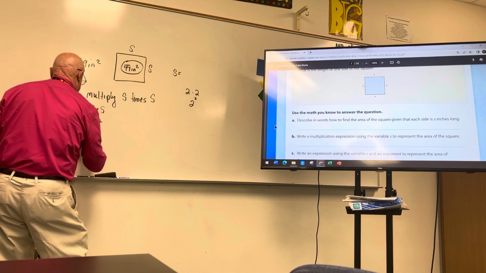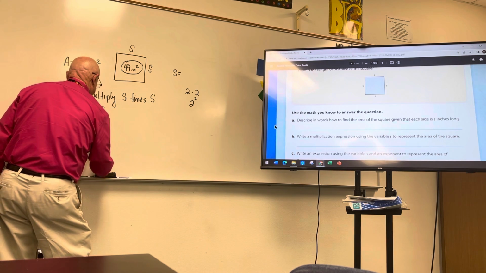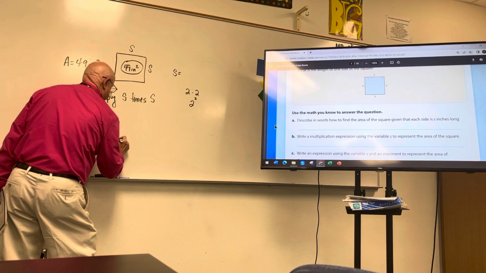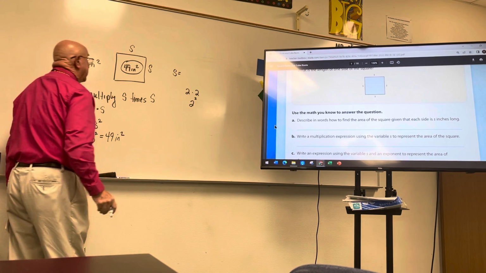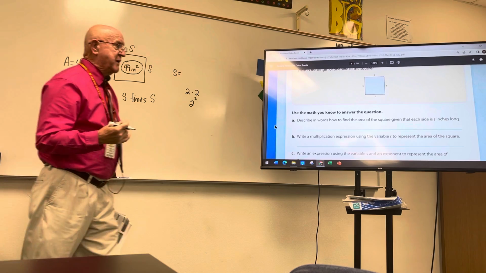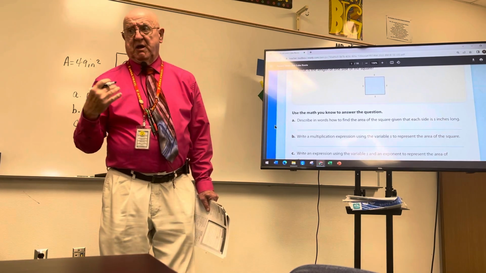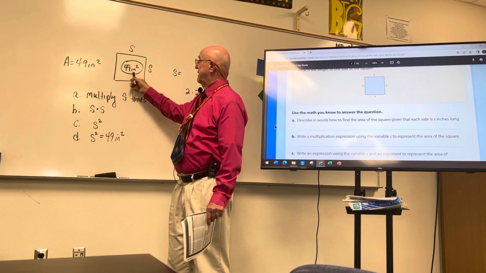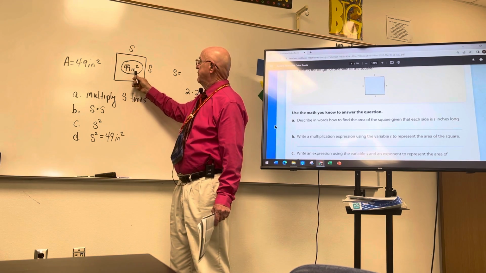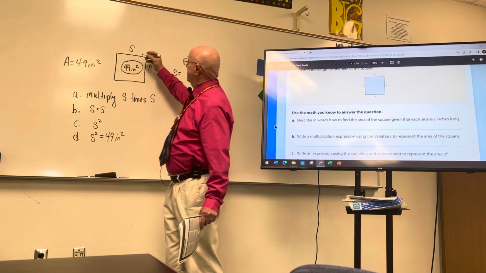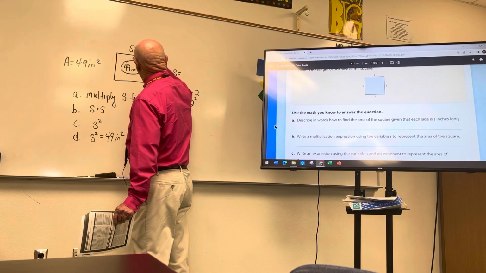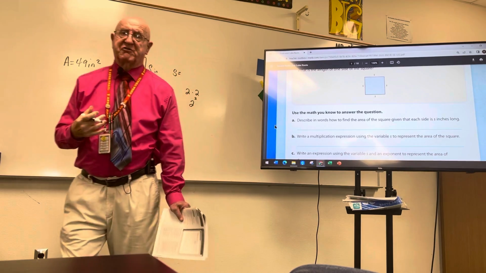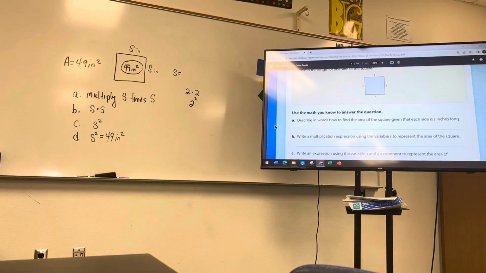So we have d, which is s squared, is equal to 49 inches squared. Now, one thing we have to understand is that when we multiply something that has a value, a measurement, we also have to multiply the measurement. So this is really s inches times s inches. I know it looks like the word sin, but it's s inches.